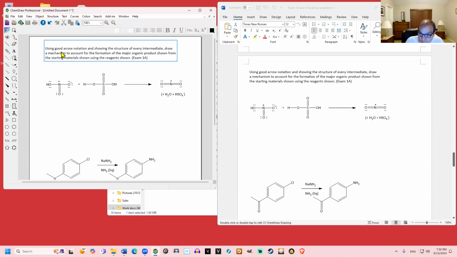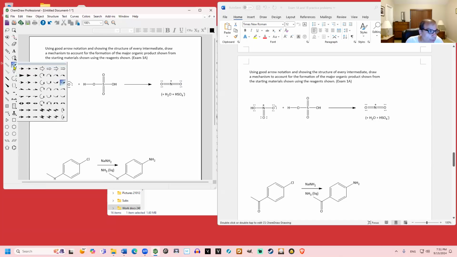Notice the directions for mechanism problems. You need to account for formation of the product shown. Actually, it says major organic product shown, and I admit not a one of these things is organic. But that's still a reasonable mechanism question. So we need to account for formation of the product shown from the starting materials shown using the reagents shown. We're not given any other reagents. But we talked about this mechanism in class. We said the first step is protonation of the OH oxygen using sulfuric acid.